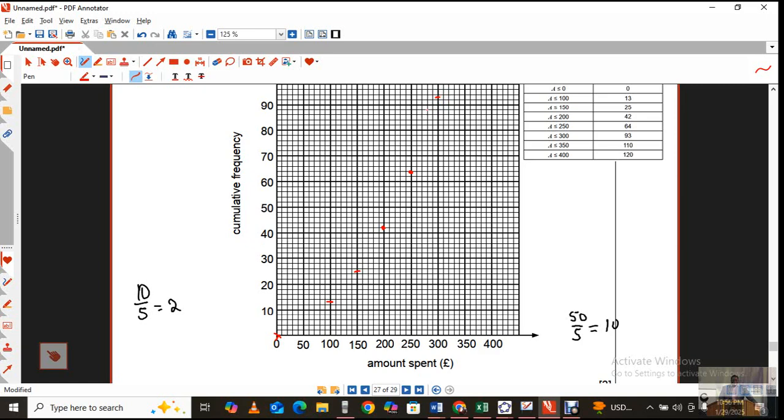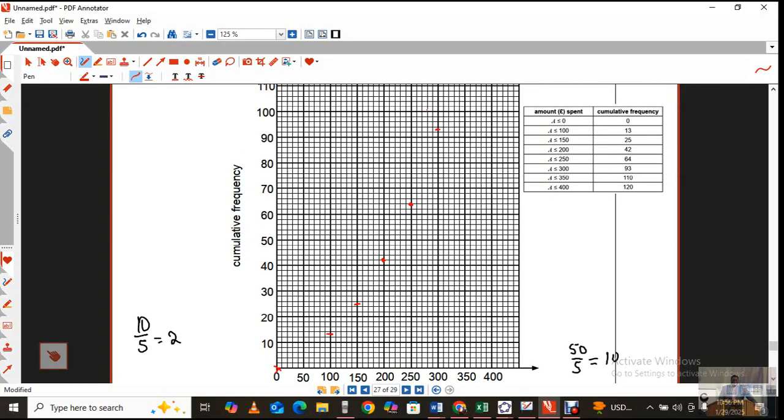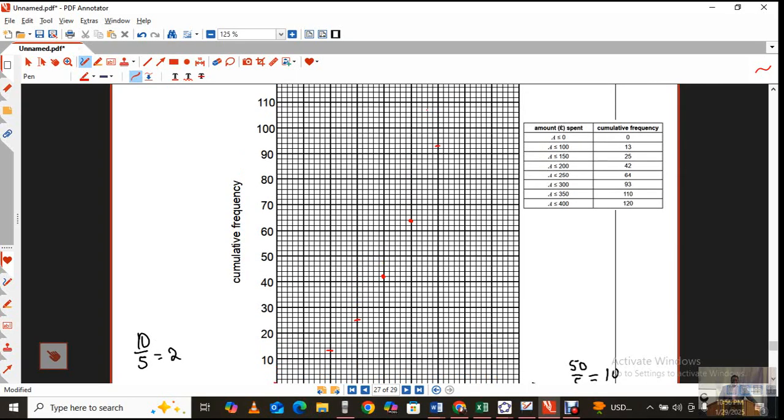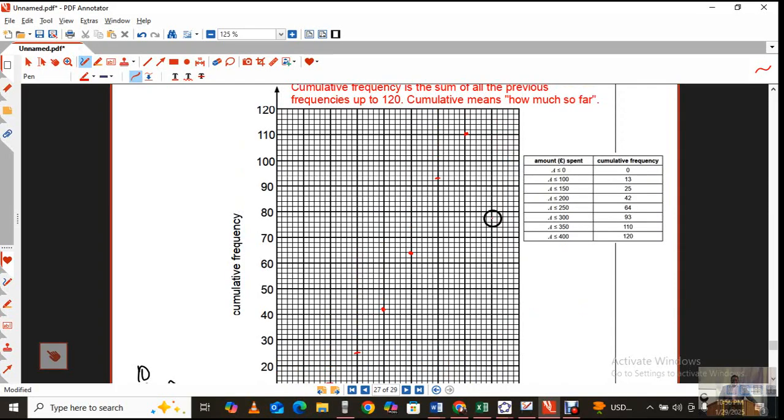If it's 350, it's 110. Okay, it will be right there where I am. If it's 400, it's 120.